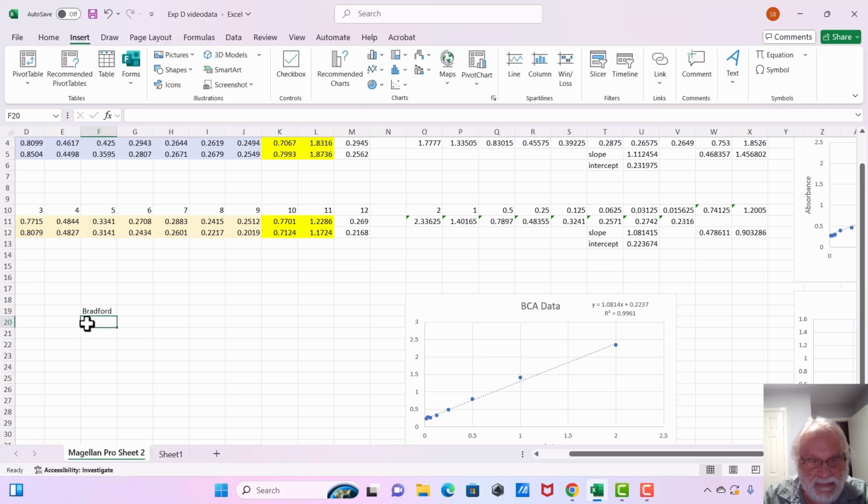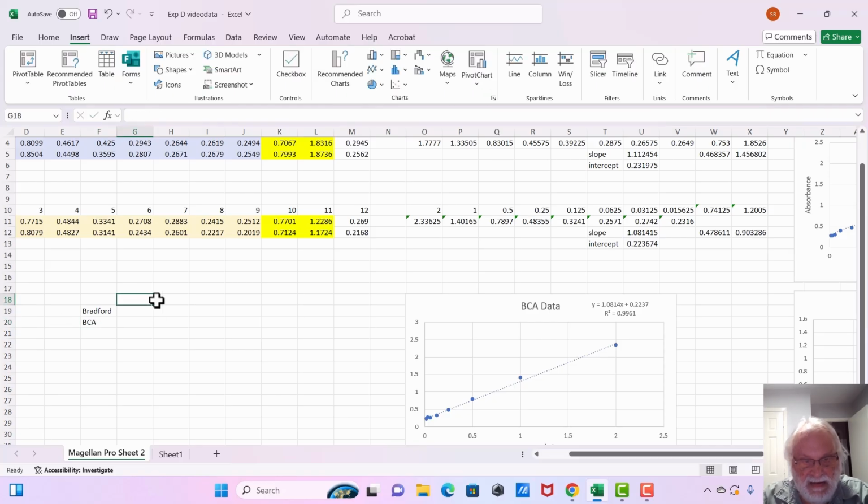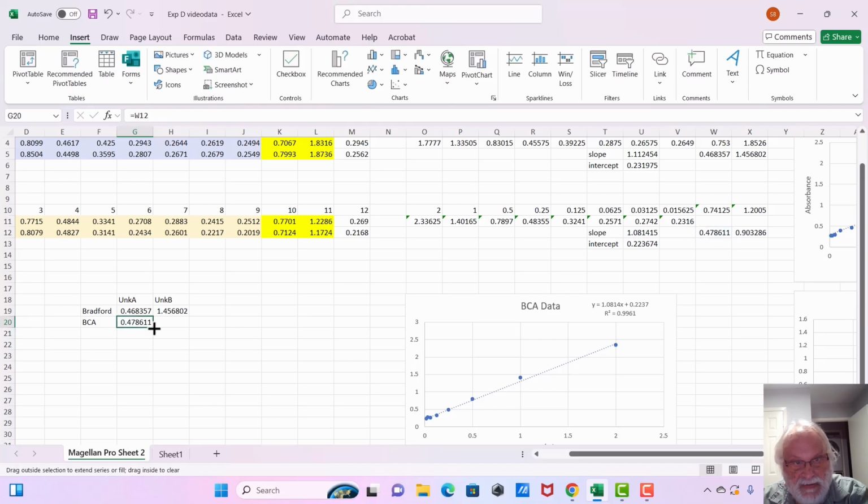Bradford, BCA, unknown A, unknown B. So once you generate a table with those values, and I'll just go ahead and do those here, is equal to this. Enter, copy over like that. And here it's equal to this value, enter, drag it over.